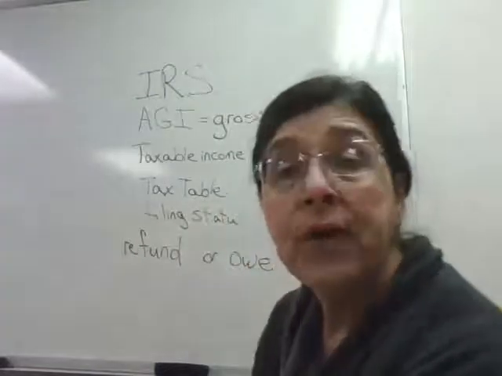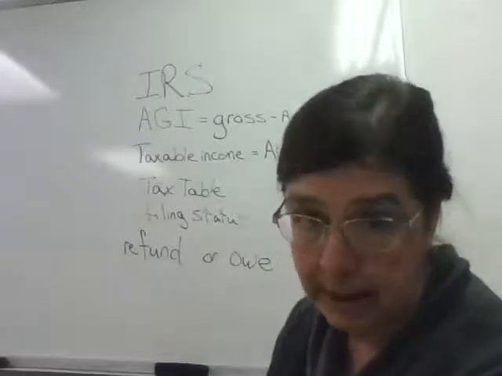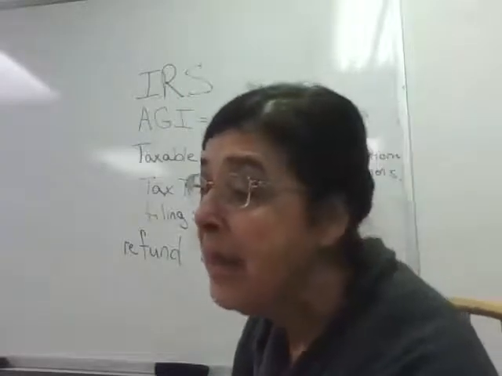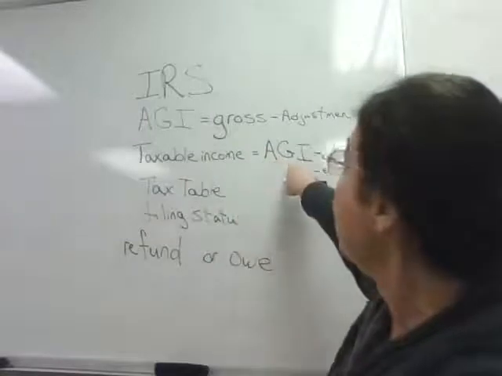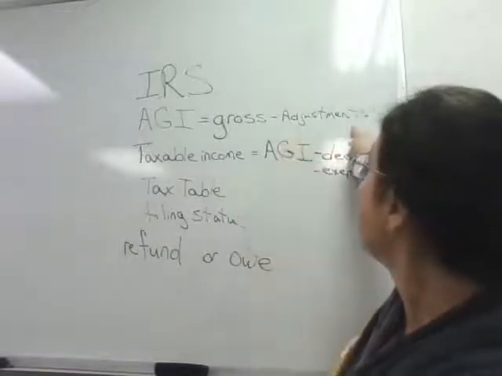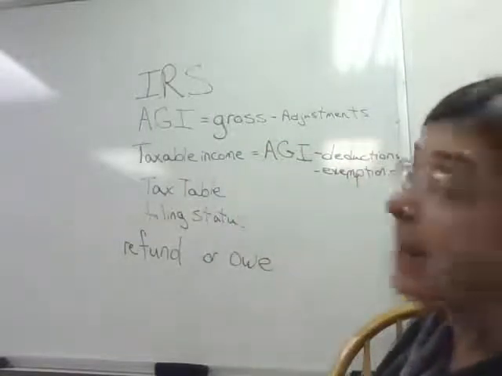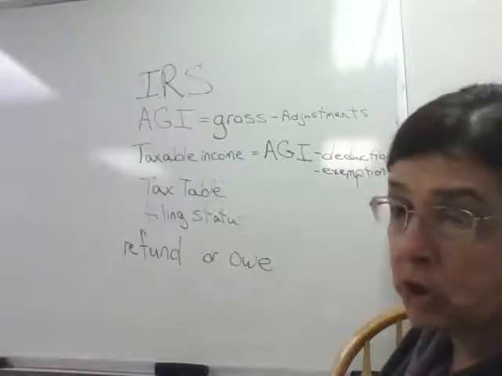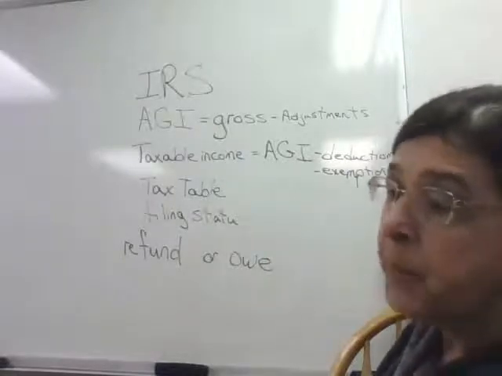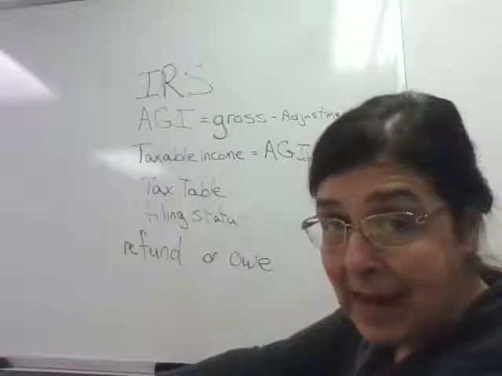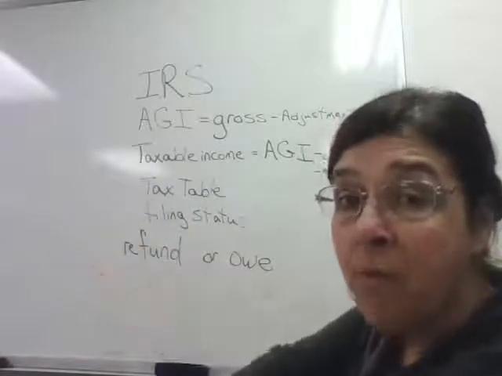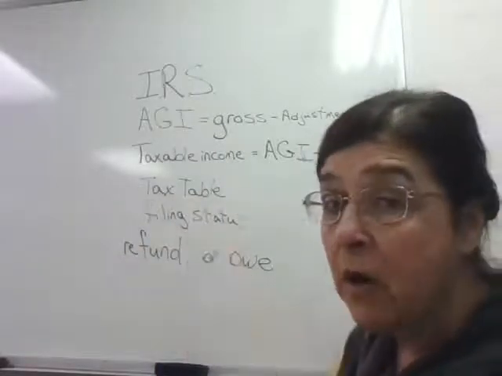Then we also need to calculate your taxable income. Taxable income is your AGI, gross minus adjustments, and then you're also going to take any deductions or exemptions off. Next class, we will look at the form of how you figure all this out.